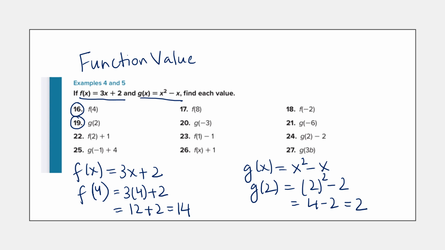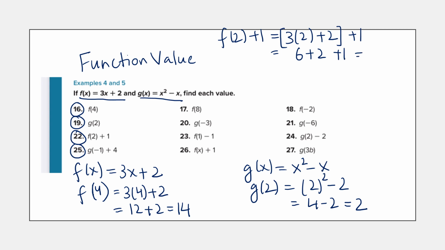Now sometimes they also ask you different things like this one or this one. So f of 2 plus 1, if you want to find, then f of 2 is 3 times 2 plus 2, this value, and then you add to it 1. So how much is this? 3 twos are 6 plus 2 plus 1. So total is 9.